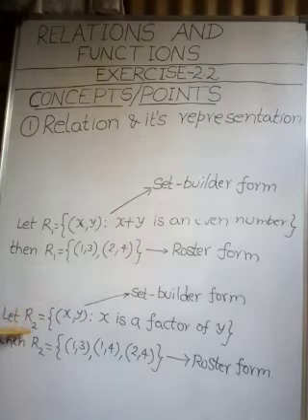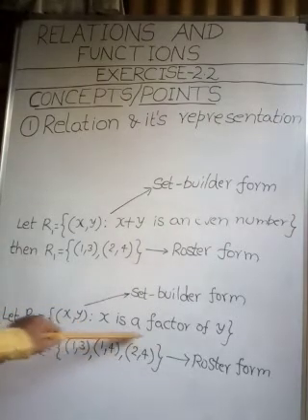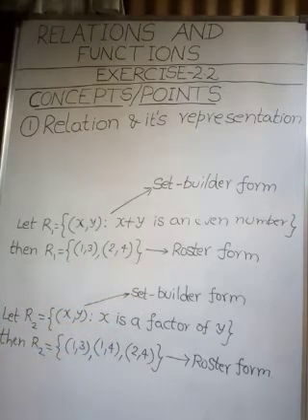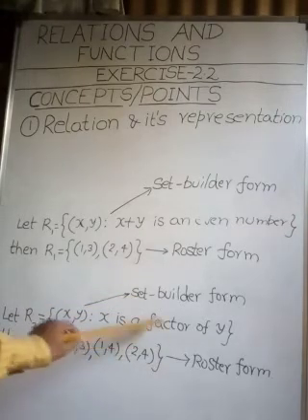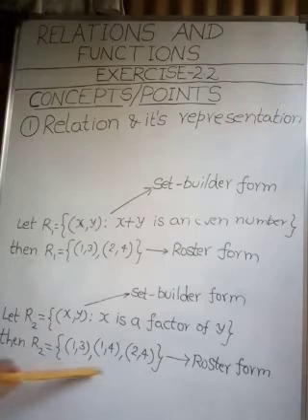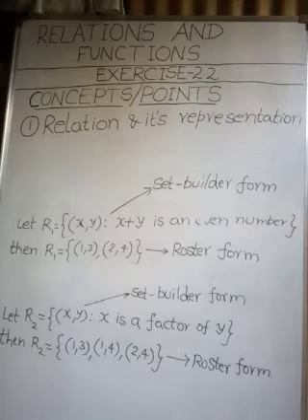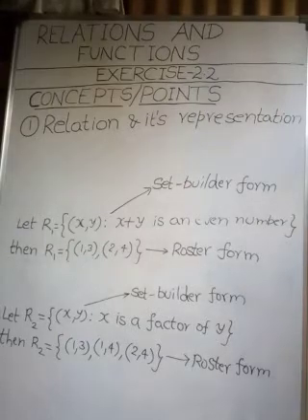Come to the second relation R2. This is called set builder form. And this second one is called roster form. Understood, my dear children? So we can represent a relation by the method of roster form and by the method of set builder form. Understood, my dear children? Right.